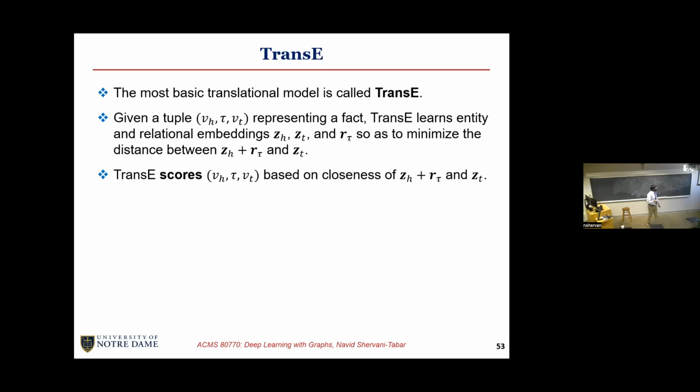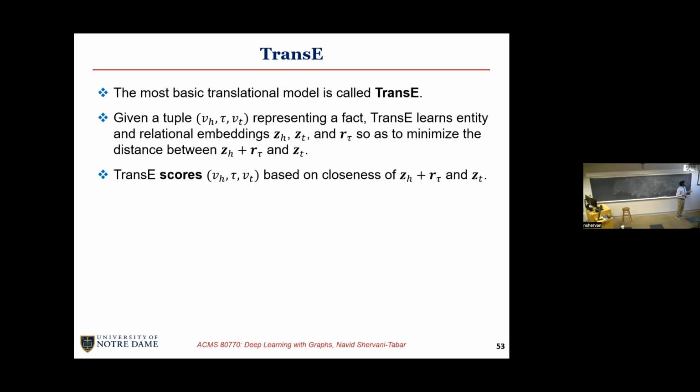So now what we want to do is to define some model, some decoder that learns some embedding. First we start with the most basic, traditional one, TransE, which uses just a vector summation in order to define the decoder.